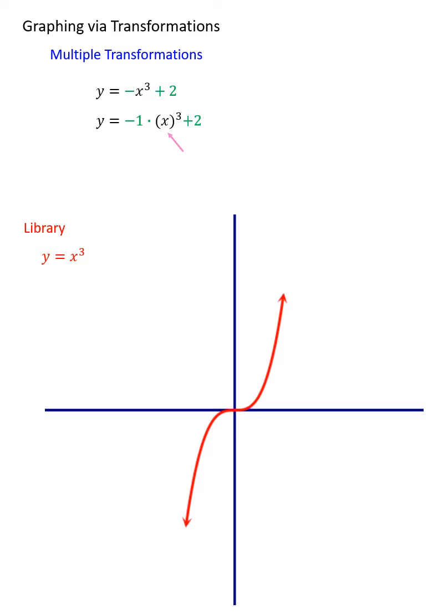So there's no leftward or rightward shift or any other horizontal motions. What is happening is that I have my 2 transformations outside the cubic. And since one of them is multiplication and one of them is addition, I'm going to consider the multiplication first. As we learned in video 1, multiplying the outside of a function by -1 causes a vertical reflection, also known as a reflection through the x-axis.